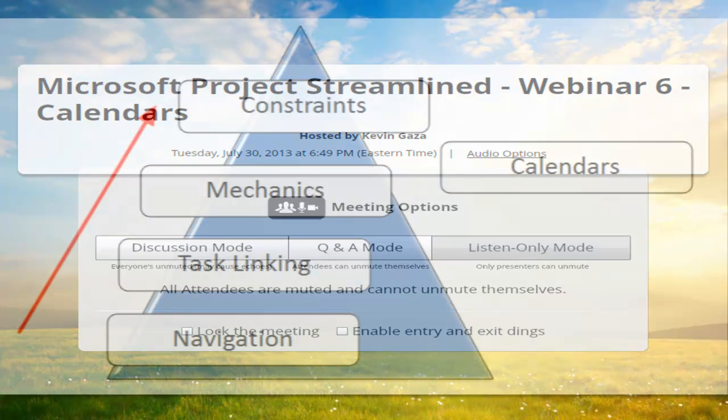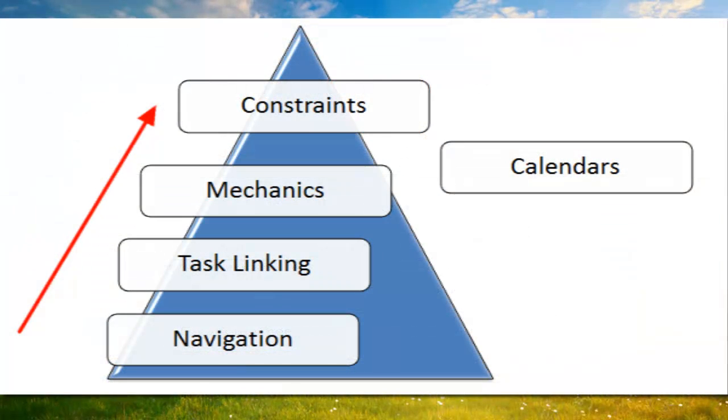Okay, so the constraints section is the pinnacle of the course. We start out with navigation, and that's just setting the foundation, and then task linking is just the basic building blocks of creating a schedule. And then we get into the application of task linking with the third module, which was critical path and outlining.